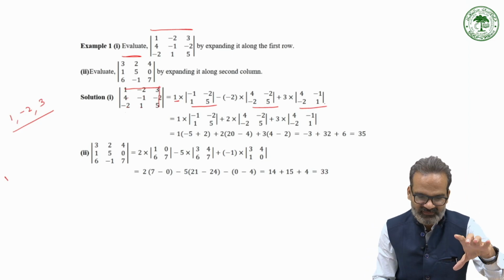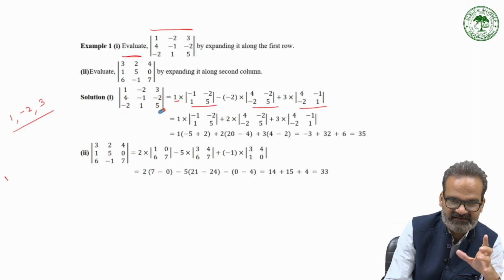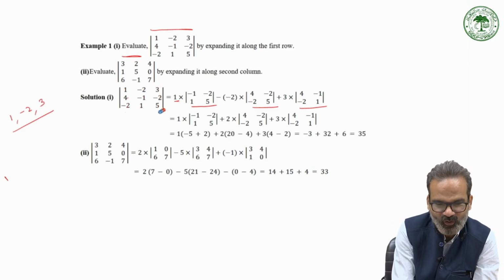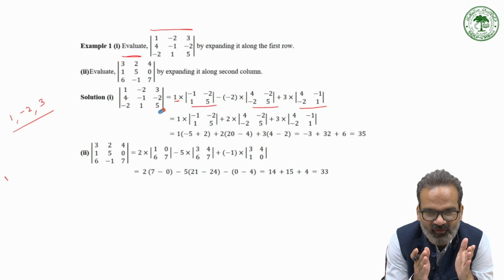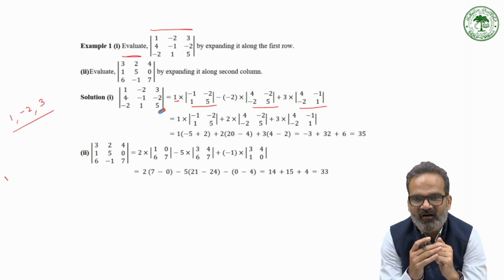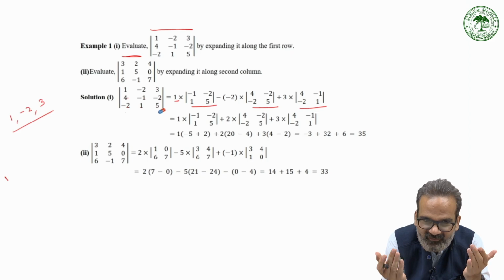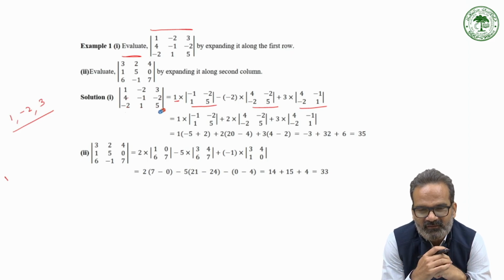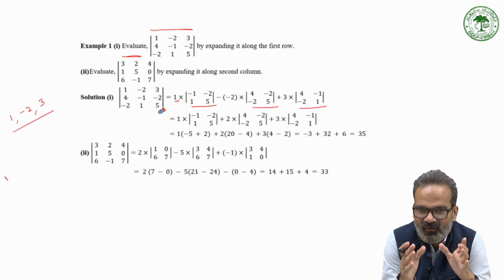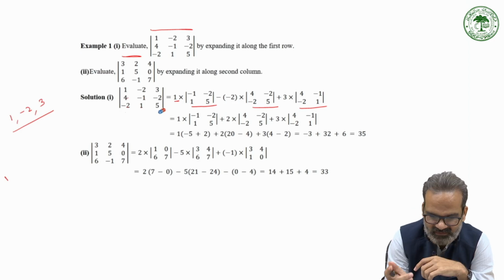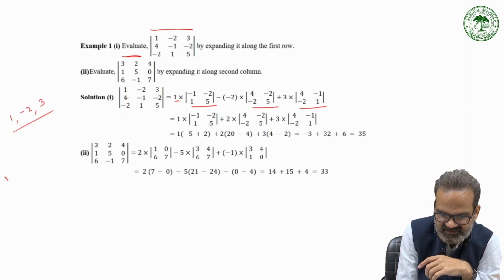So what we did, we decomposed, as I have stated, we decompose this determinant of order 3 into sum of the determinants of order 2, because we have a very simple formula to calculate the value of a determinant of order 2.